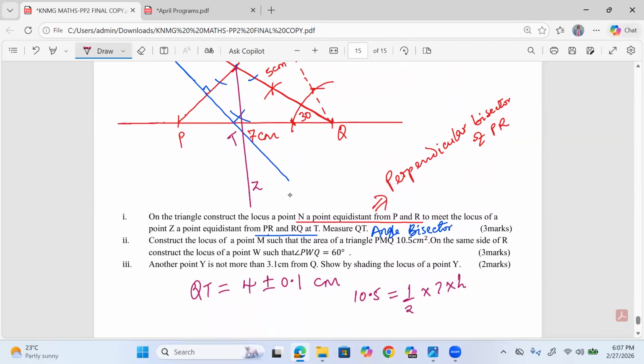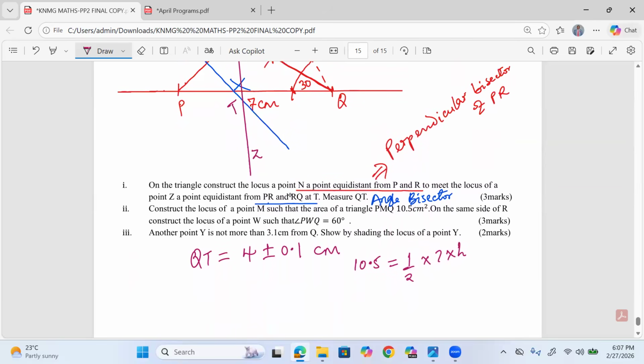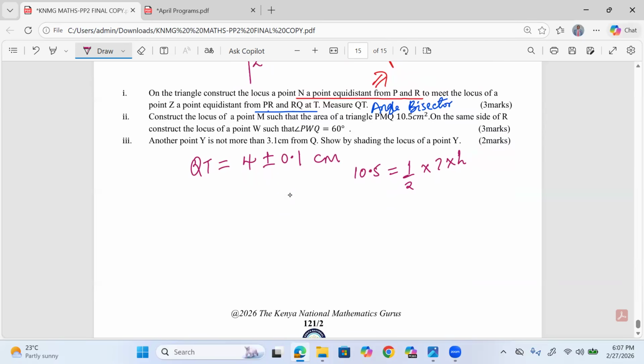PQ is already 7. So M is supposed to be a certain height from PQ. So how do you get H? You take 10.5 and you divide by 3.5, this is exactly 3 centimeters. So this is called parallel line loci.